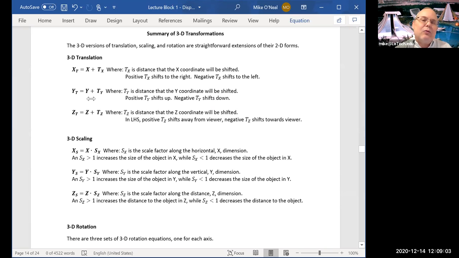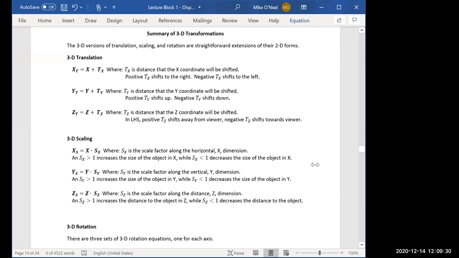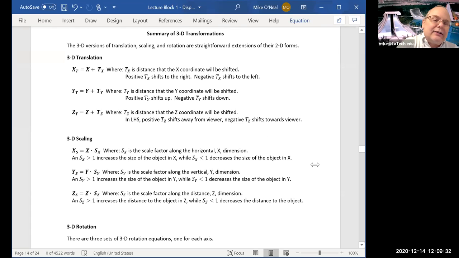So instead of just X and Y, you have X, Y, Z. You still have your X and Y translation factors. You now have a Z translation factor too, because you've got another axis, right? So this is all you need to know about 3D translation. It's just like what we talked about in 2D, except now you also have the Z axis that you can translate. About scaling. Scaling is exactly the same.